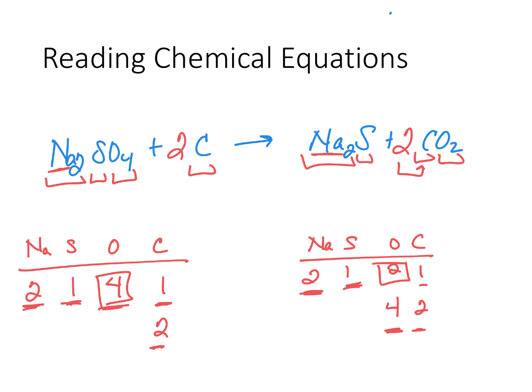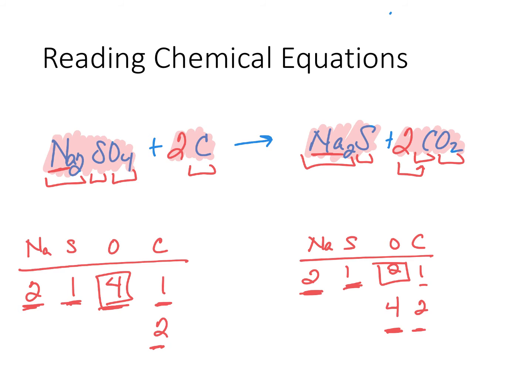So now reading. There's a couple ways you can read this. Like I did earlier, this is saying 1 molecule of Na2SO4 reacts with 2 molecules, or in this case 2 atoms of carbon, to produce 1 molecule of Na2S and 2 molecules of CO2.